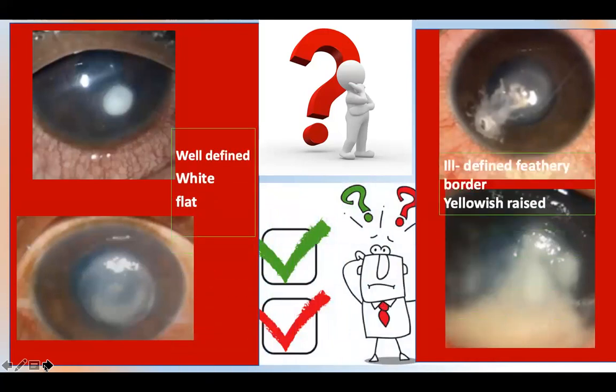These lesions are well defined, white and flat. These lesions are ill defined, feathery, yellowish and raised. So how can you differentiate between bacterial and fungal?